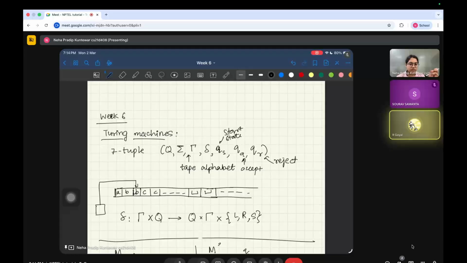So their definition in that case could be that if we are able to reach the final state, the string is accepted, and in the second scenario the string may be rejected or may enter into a loop. Loop in the sense that I keep oscillating between right and left states because of the left and the right movement.